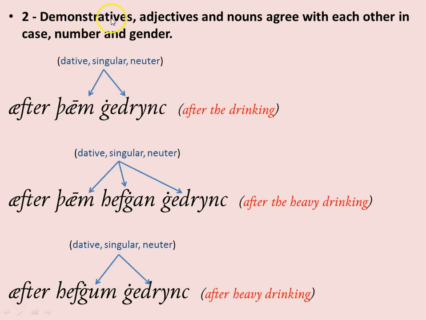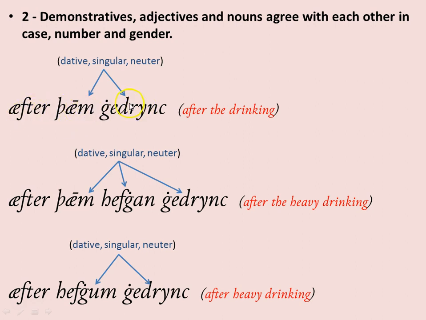Next one, rule number 2: demonstratives, the, this, that, and so on, adjectives and nouns agree with each other in case, number, and gender. So, after tham gedrunce, after the drinking. Tham is the, and gedrunc is a noun, and both are in the dative. The case is dative, singular, and neuter. So that means because they agree with each other grammatically, they are related to each other in terms of translating this and connecting meanings.